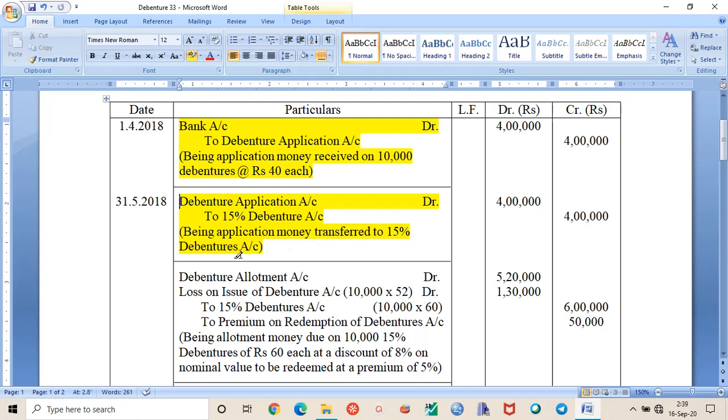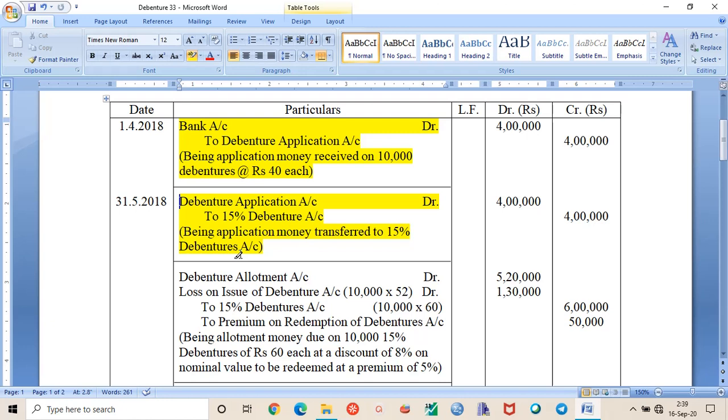Now have a look at this particular date. The balance money was called on allotment. Now you know this from the shares chapter only, that when the allotment money is to be called up, that time only the application money will be transferred to debentures account.